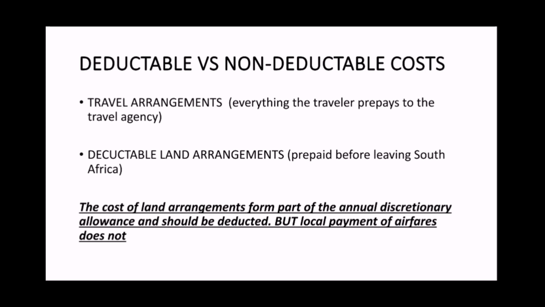The deductibles are things that are paid in a foreign currency, and therefore should be deducted from your annual travel allowance. They are taken as you are already spending from that 1 million rand travel allowance. Note, the cost of land arrangements forms part of the annual discretionary allowance and should be deducted, but the local payments of airfares do not. Okay.